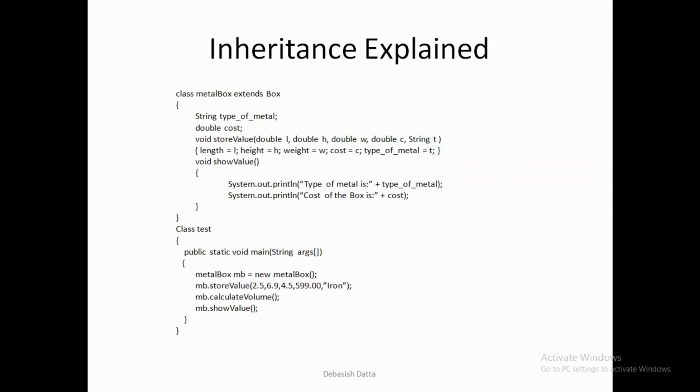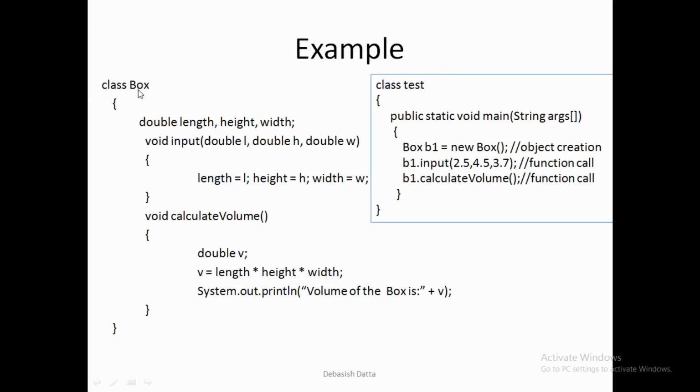Now to explain the inheritance principle of object-oriented programming, let's consider that we want to create another class called MetalBox from the already existing Box.